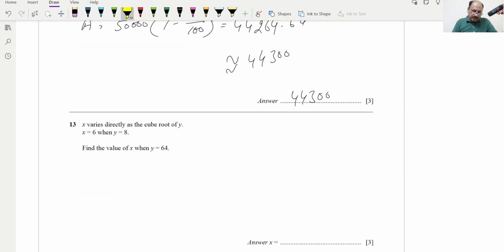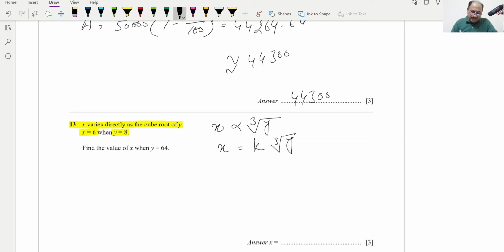Question number 13. X varies directly as the cube root of y, so we can write x is equal to k times the cube root of y. Now the second information provided is x is equal to 6 when y is equal to 8.